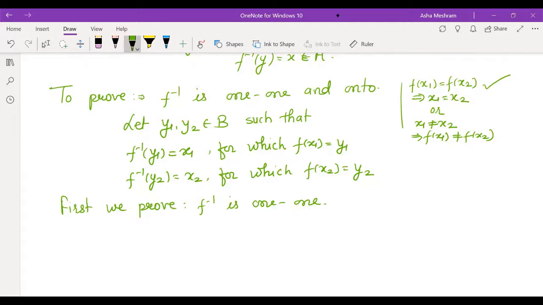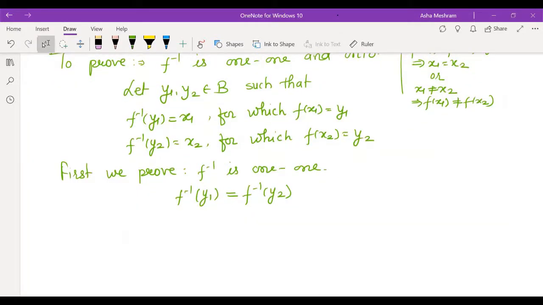So I consider f inverse of y1 is equal to f inverse of y2, that is, images are equal, and now I have to show that their corresponding elements y1 is equal to y2. So what is f inverse of y1? F inverse of y1 is nothing but x1, and f inverse of y2 is x2. This is by definition.